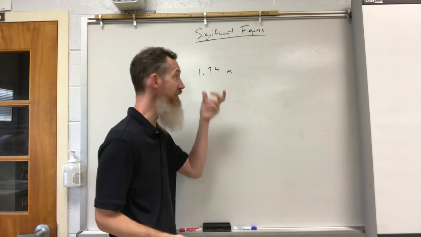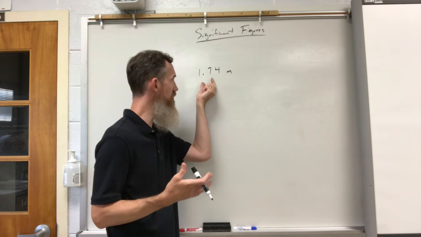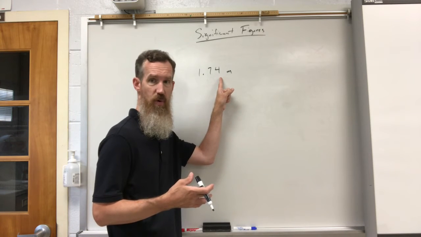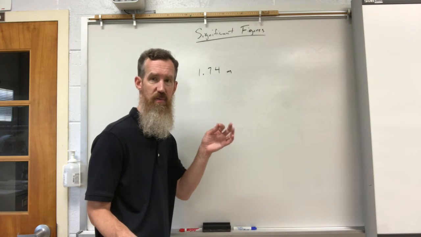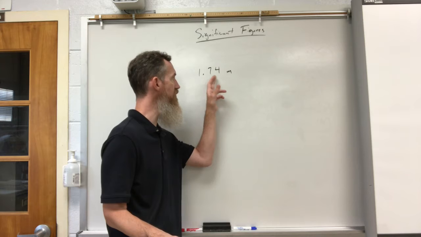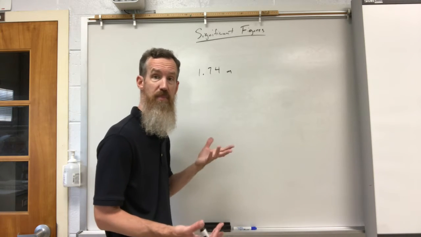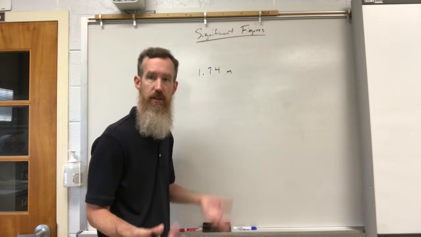And that would mean that these 2 are the known values that we absolutely can be assured of, and then the last digit, the 4, is a guessed position. We weren't sure. It was really a 1.74, or 1.73, or 1.75. For whatever reason, the person doing the measurement believed that was roughly a 4. 3 sig figs.